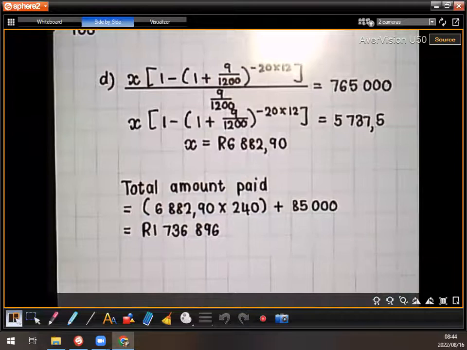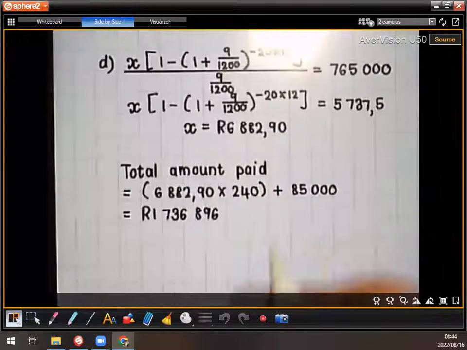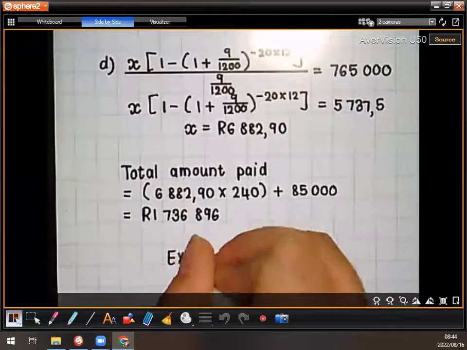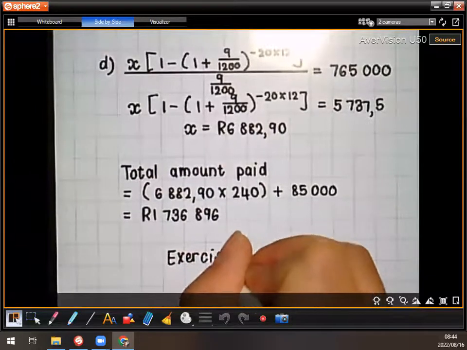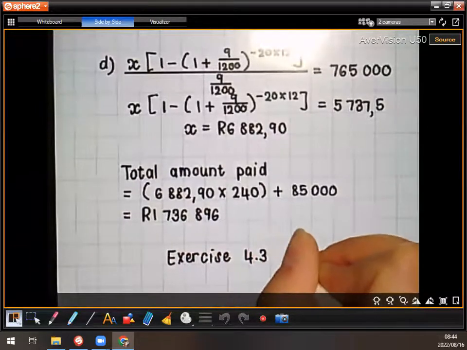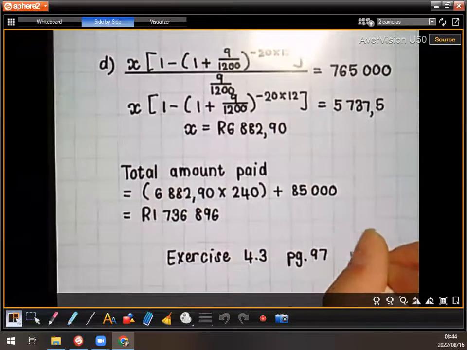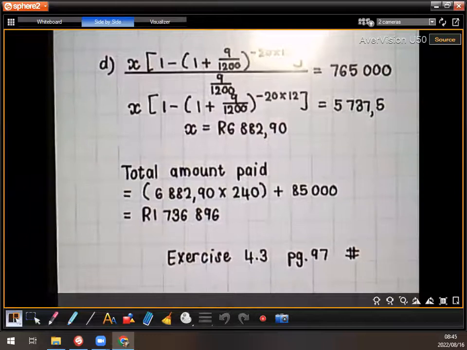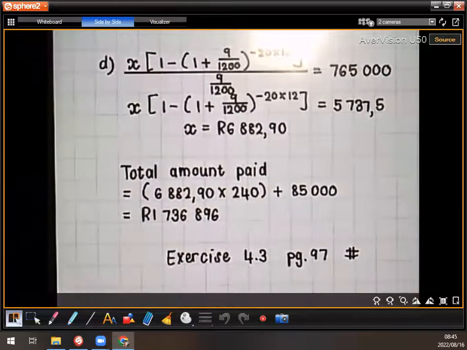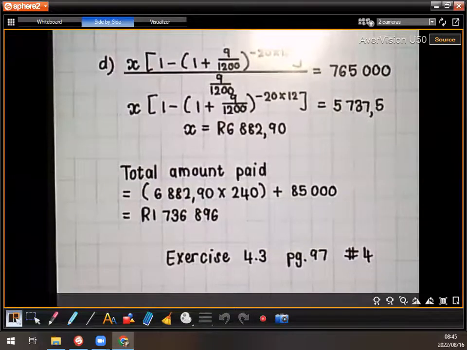Let's see. Exercise 4.3, number 4. I'm just going to give you one of each, guys, because I'm assuming you guys have been studying with this.